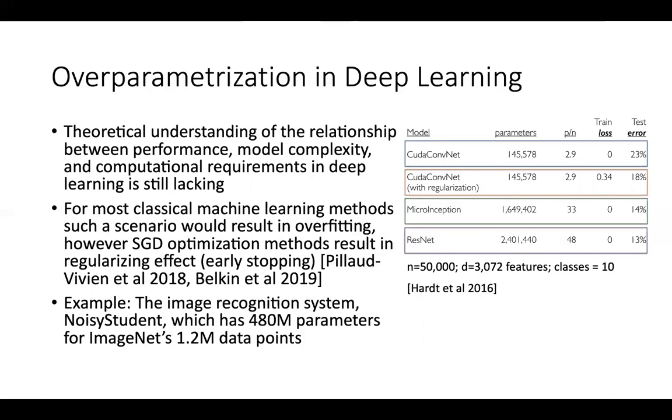To illustrate, we are going to use a couple of examples. But first, the reason that this is a problem is that we actually don't have a good theoretical understanding of the relationship between performance, model complexity, and computational requirements for deep learning architectures in general.